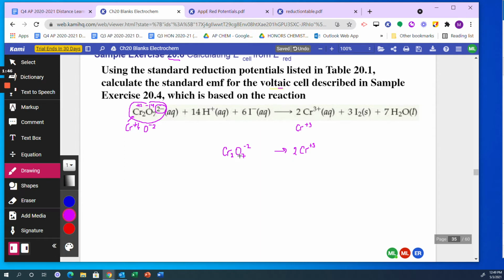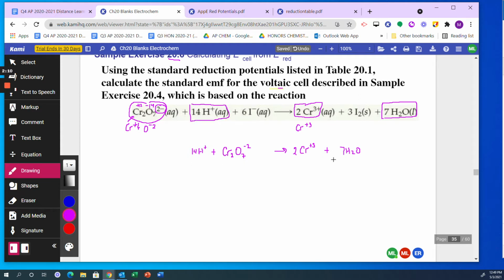Next, I'm going to balance the oxygens. You have 7 oxygens, so I'm going to add 7 waters on this side, which is this right here. So I've used this and this. And now to balance the H's, I'm going to add 14 H pluses, which is the same as this.